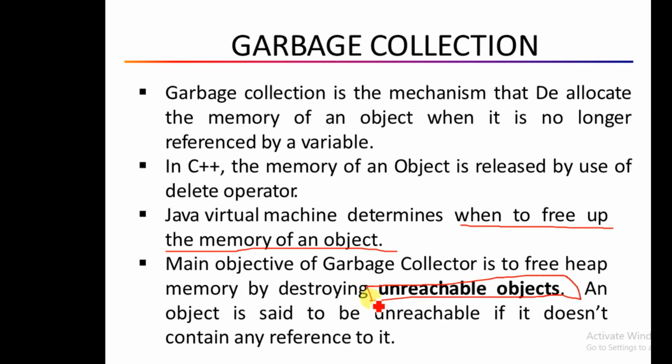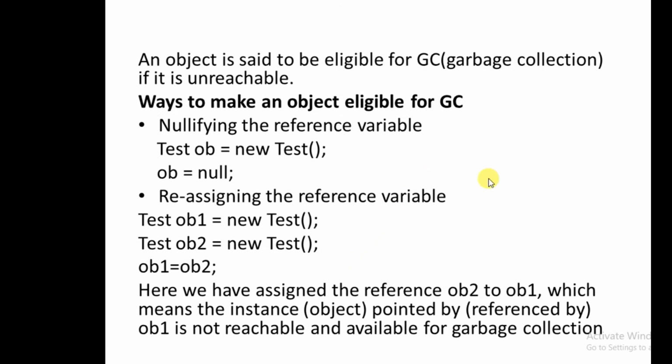So now let us first try to understand what is the meaning of unreachable object and how can we make the object unreachable. So there are various ways for that. The first way is nullifying the reference variable. Suppose we have created an object ob.